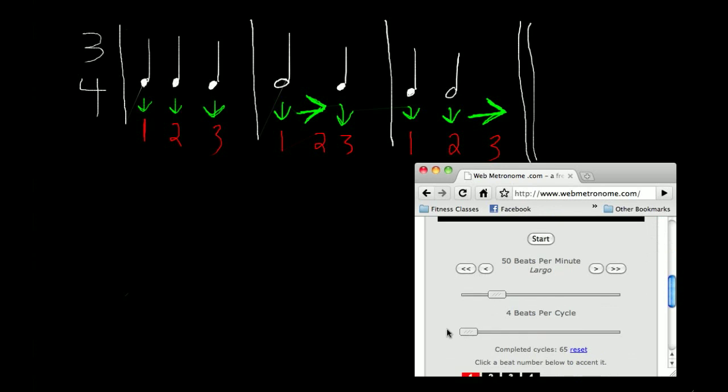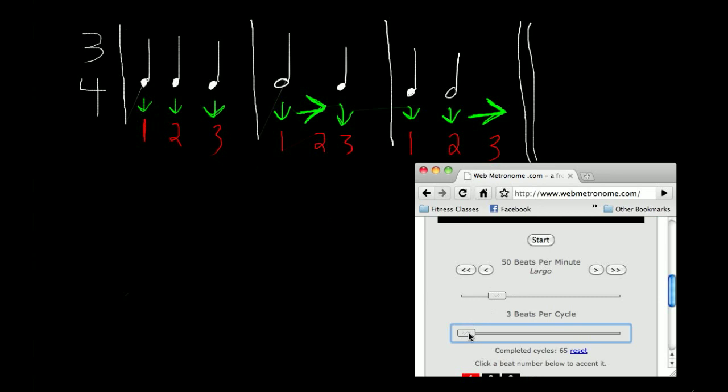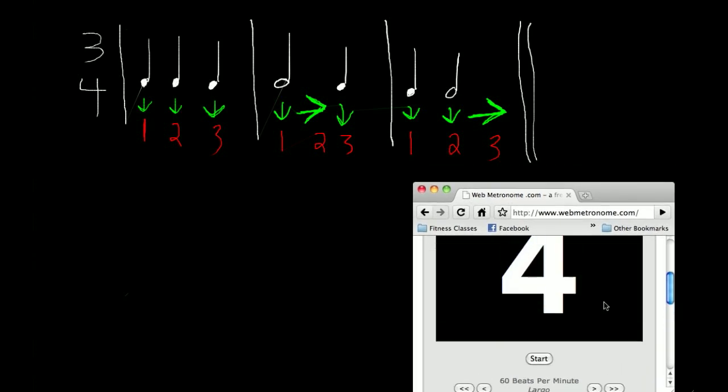What we're going to do is we have these sliders down here, and this one says 4 beats per cycle, and that's what we left it on back when it was in 4/4. But now that we're in 3/4 and we've got 3 beats in a measure, we want to change this. So it's going to be 3 beats per cycle now, and let's just say that this is going to be 60. We're at 60 BPM.